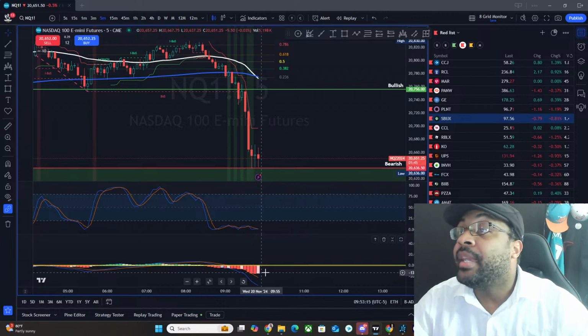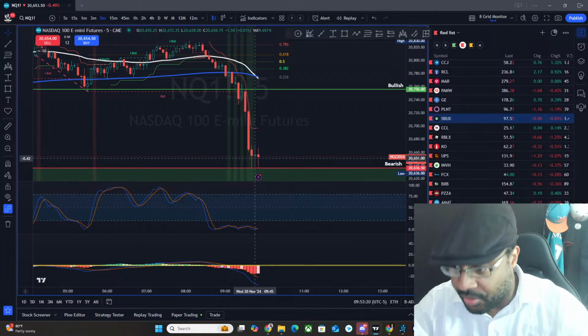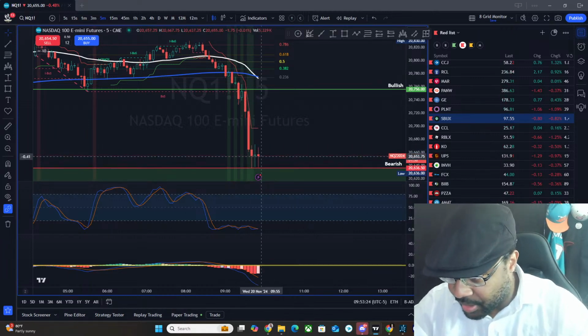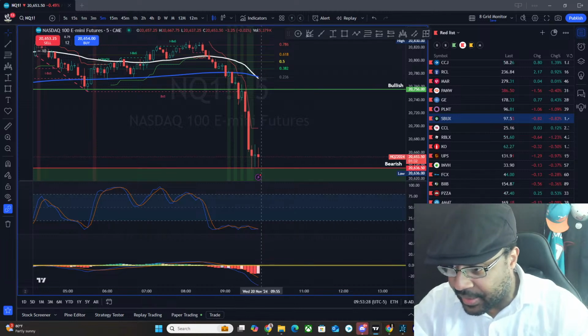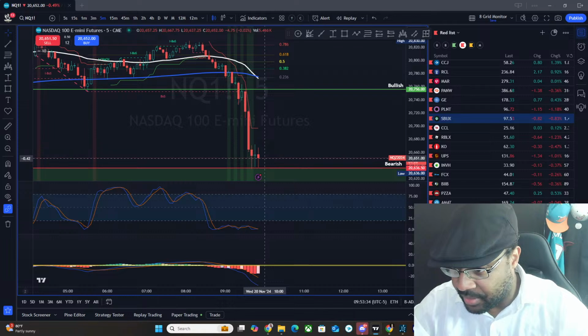If they could lighten up this 5 minute, this could be the base of the fact that they're going to try to turn the stochastic up. I'm looking for them to break above, what level is this? 656. If we can get above there and hold, I'll probably have something along that with, I don't know, maybe I'll do it like a 5-point stop or a 10-point stop.